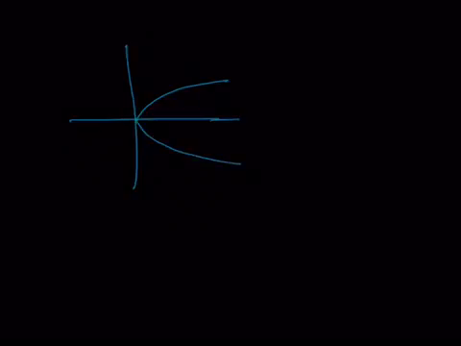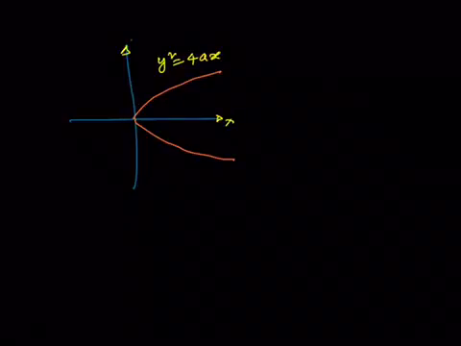This parabola equation is given by y square equal to 4ax, where this is the x-axis and this is the y-axis. The vertex is at 0, 0.